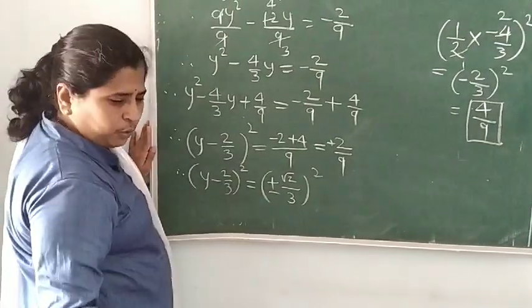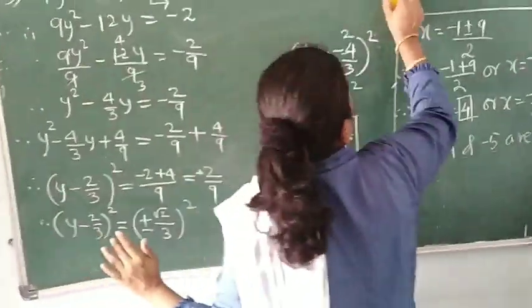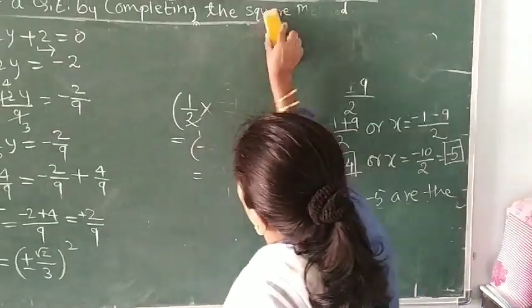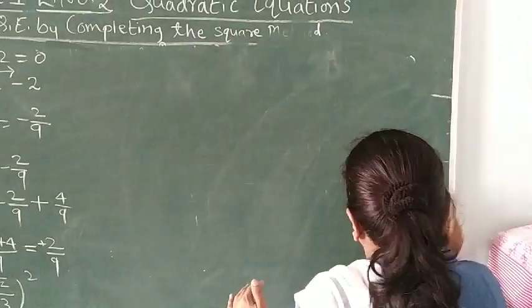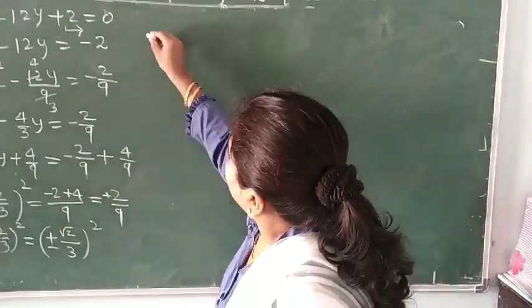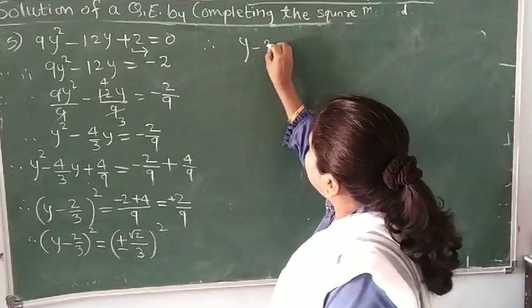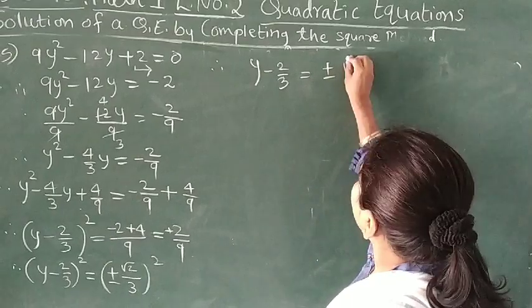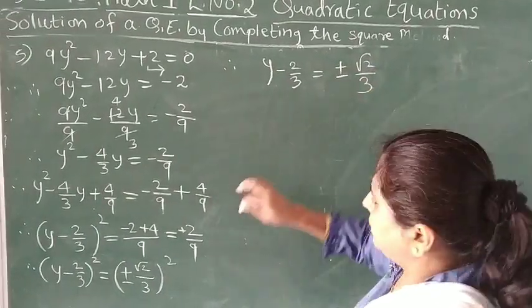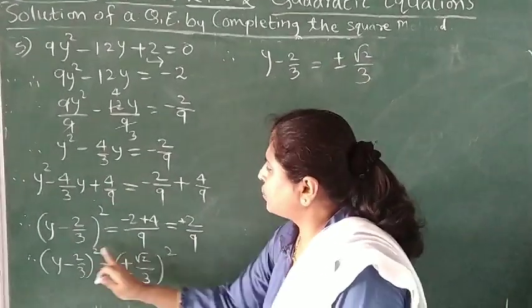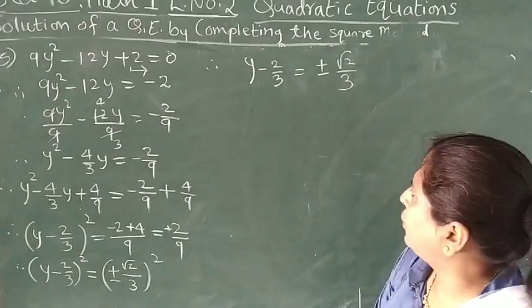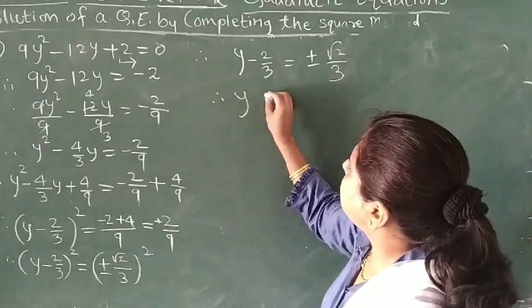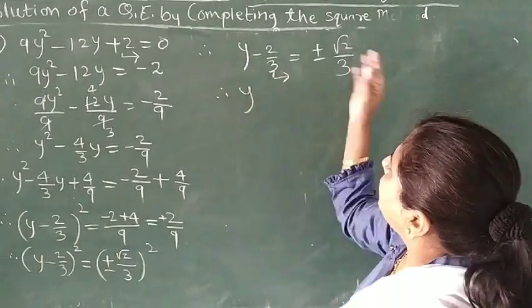Now taking the square root of both sides, what can we get? Therefore, y minus 2 upon 3 is equal to plus or minus square root of 2 upon 3. Just remove the square symbols and you will get the square root of both sides. Now take this minus 2 upon 3 to the right side.